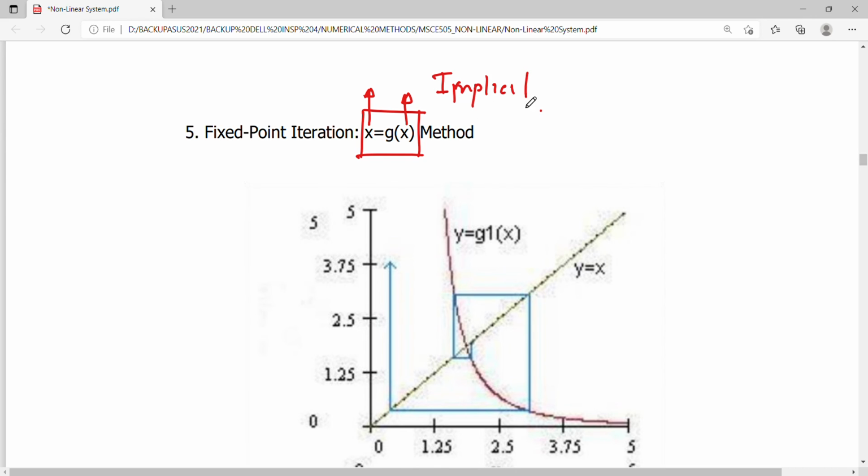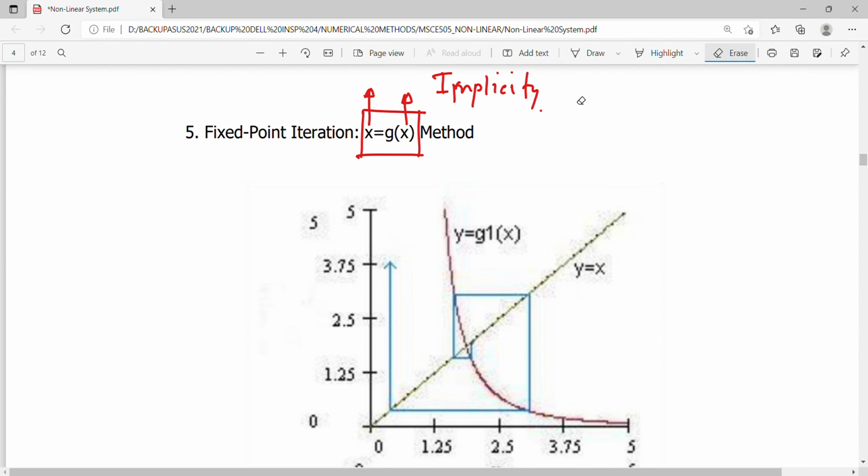So, the definition of the function is made in an implicit manner. Okay? So, parang sinabi mo, x squared plus e to the x minus 3 equals 0.